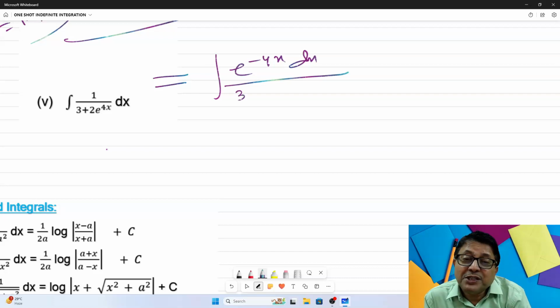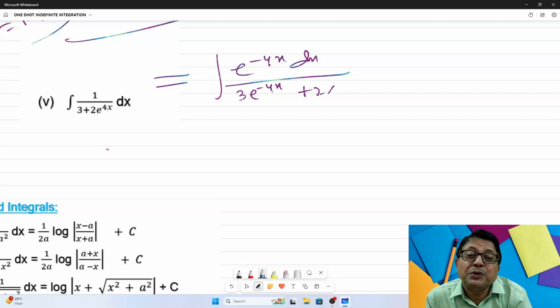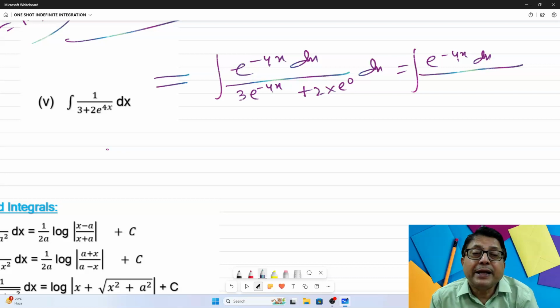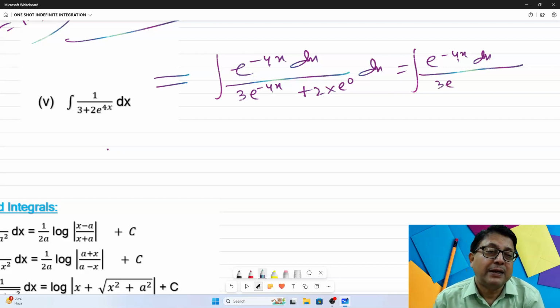So it will be 3 e to the power minus 4x plus 2 into e to the power 0. Okay. So there it will be e to the power minus 4x dx divided by 3 e to the power minus 4x plus 2. Now make a substitution.